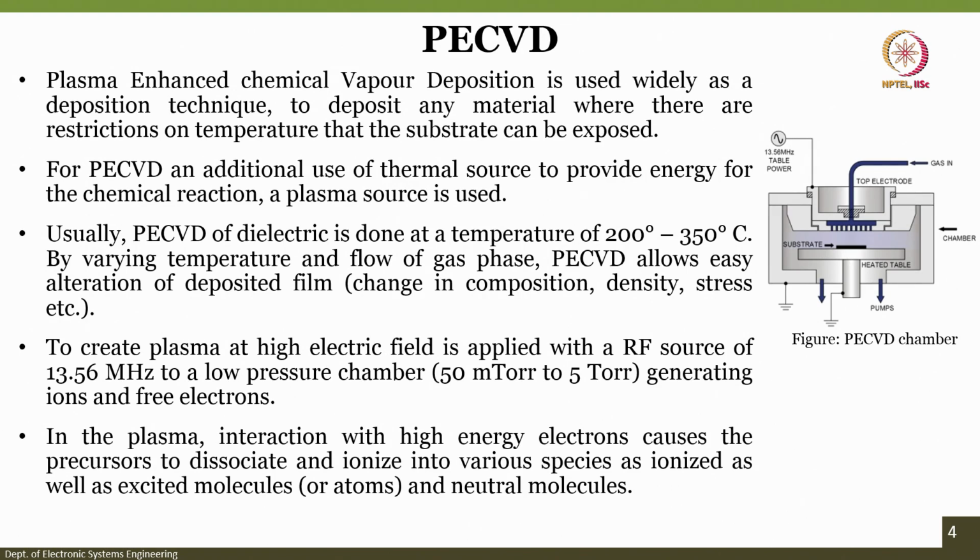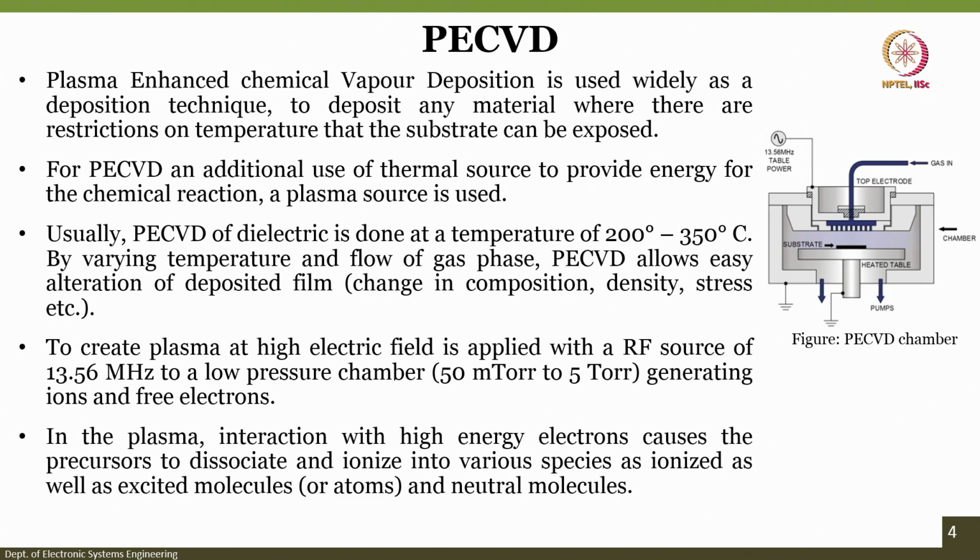Okay. So, plasma enhanced chemical vapor deposition is used widely as a deposition technique to deposit any material where there are restrictions on the temperature the substrate can be exposed to. For PECVD, instead of a thermal source to provide energy for the chemical reaction, a plasma source is used.